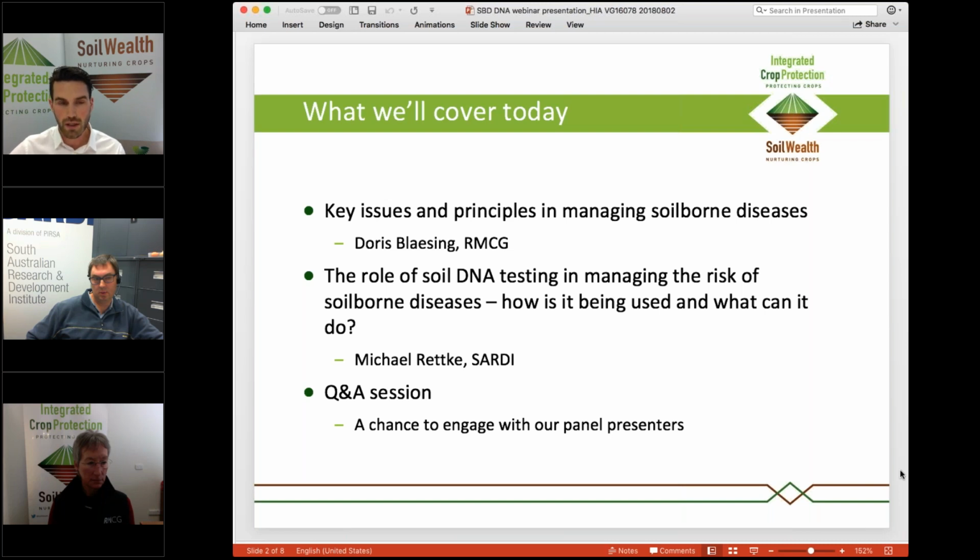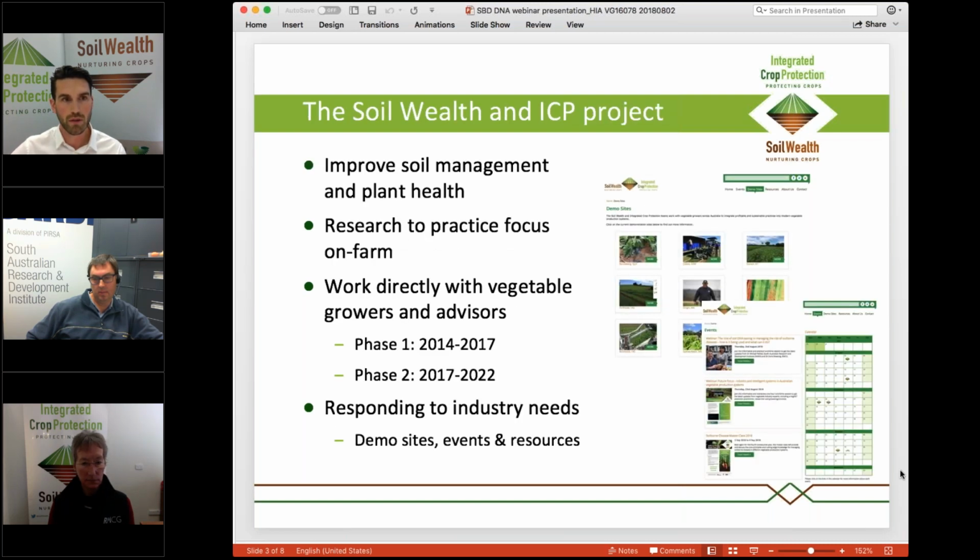Now, today's session is being run by the Soil Wealth and Integrated Crop Protection projects, which is really focusing on getting the R&D that's done through the levy and co-funded by Hort Innovation and the Australian Government out onto farms around the country. That's been running in the first phase since 2014 for 3 years, and we've just recently ticked over into phase 2.